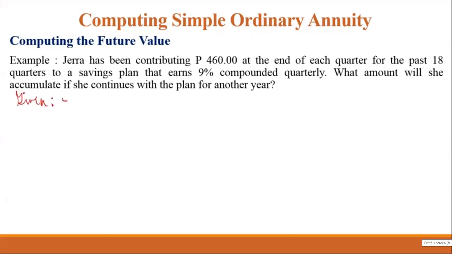Okay, so we have the following given. Since she contributed, we have the size of each annuity payment, her contribution, which is equal to 460 pesos. And then the nominal interest rate of 9%, or this is equal to 0.09.